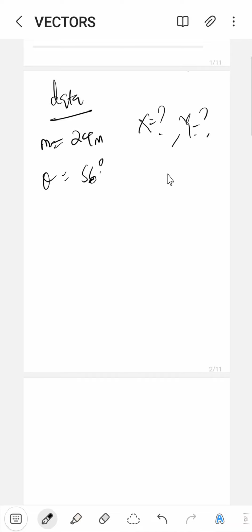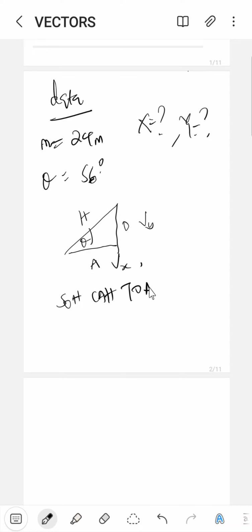In the previous video we learned how to find the x and y components. It was simple trigonometry: opposite, adjacent, hypotenuse. This is a quick review for those who did not check out that other video.